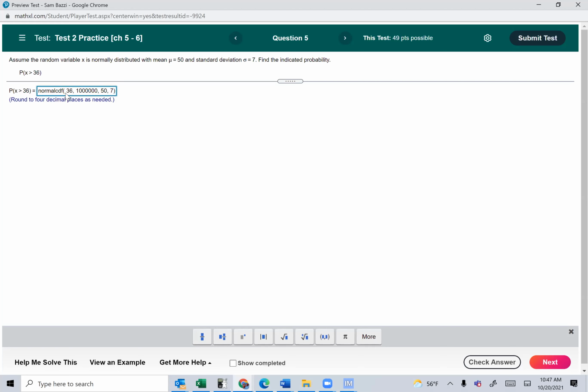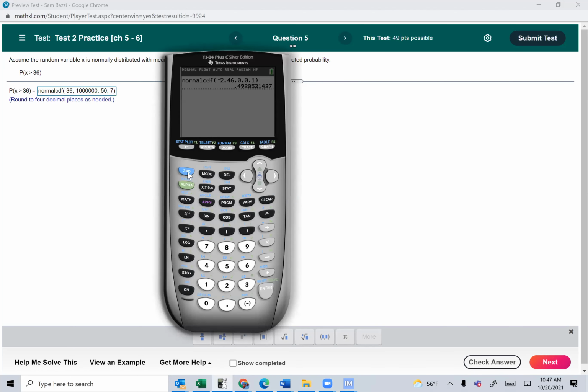So if you know what you're doing, guys, this problem shouldn't even take a minute. So you just run it into the calculator. We don't use the PDF. It's always CDF, guys. So 36, a million, and then 50, and then 7. And here you go, 0.9772.